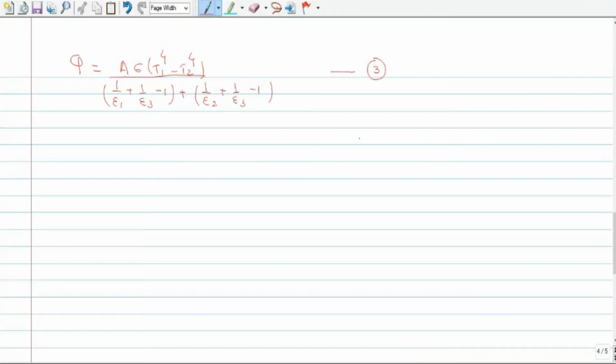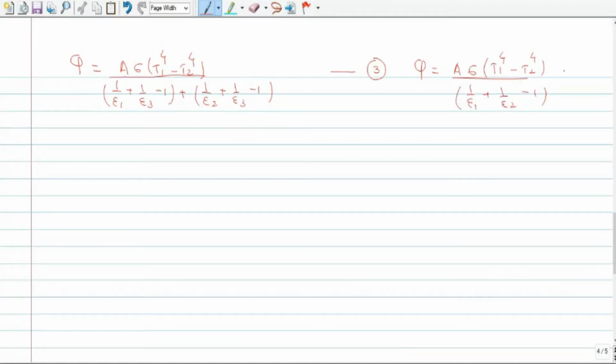Now I'm taking the ratio of the two expressions. Suppose I'm writing over here the Q heat transfer without any surfaces in between 1 and 2. So it is sigma into A into T1 to the power 4 minus T2 to the power 4 divided by 1 upon E1 plus 1 upon E2 minus 1.